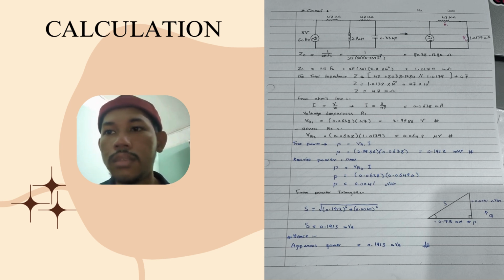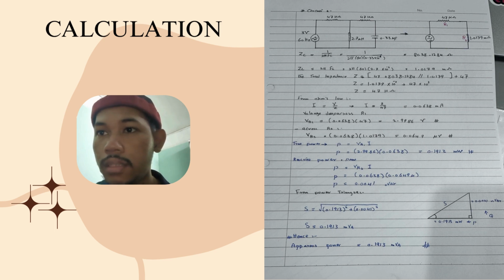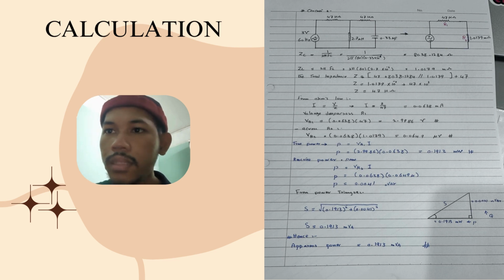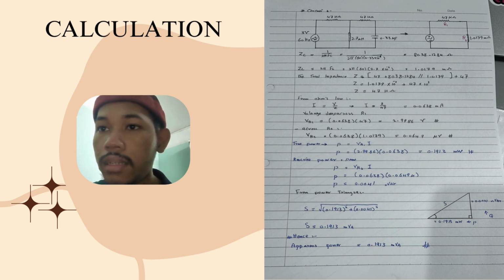Next, the total impedance Z. In total impedance Z, we have 1.0179 times 10 power of negative 3, as stated in the inductive impedance, plus the resistance value 47k, or we can state it as 47 times 10 power of 3.